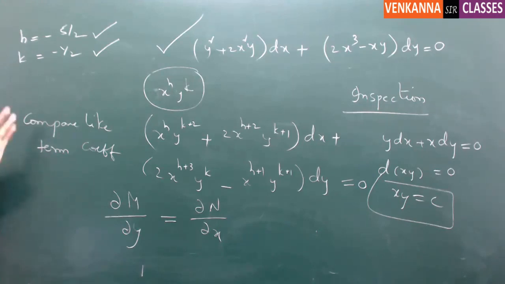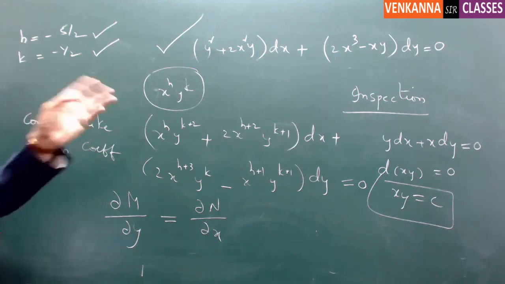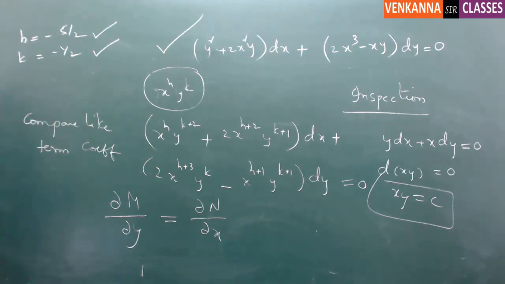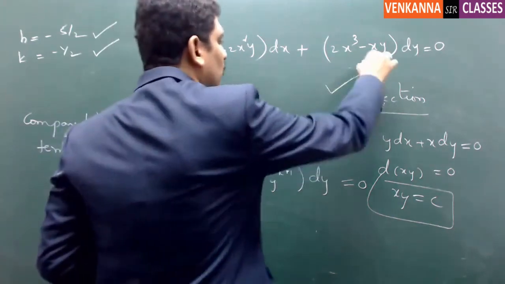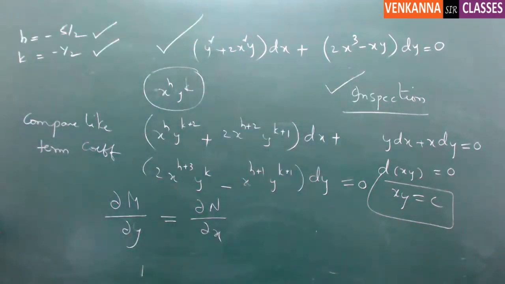So I will list out some of the functions which are already known to you, and I will write one sample problem on that so that you can make use of the inspection method whenever it is applicable. Fine. So application of the inspection method is purely based on presence of mind. The thought should strike in the examination mode. Okay. But compared to all these integrating factors, etc., the method of inspection is most useful.